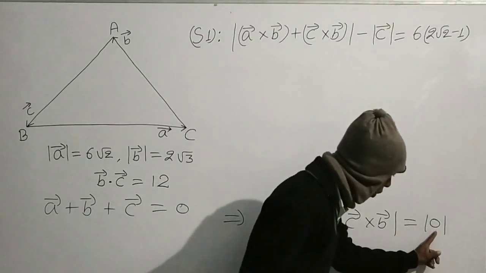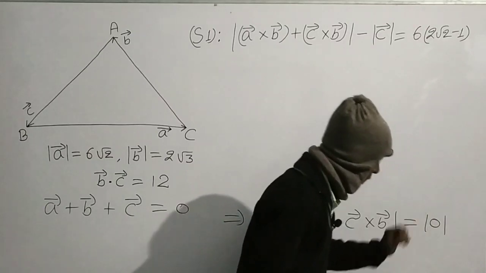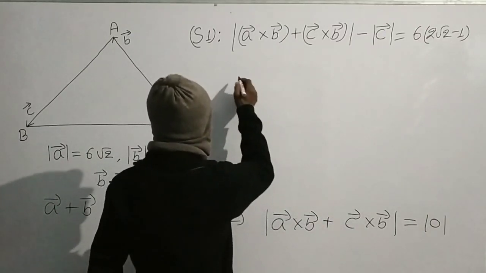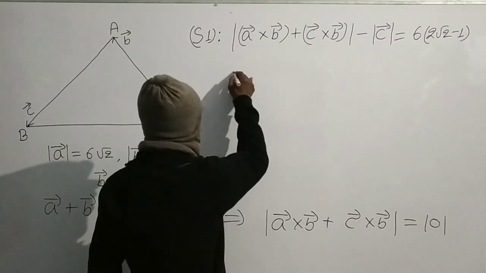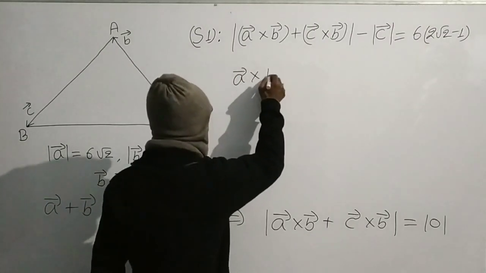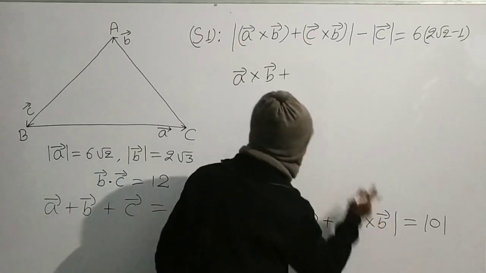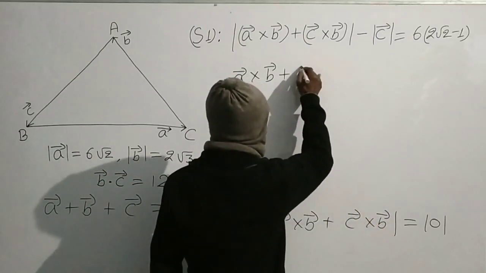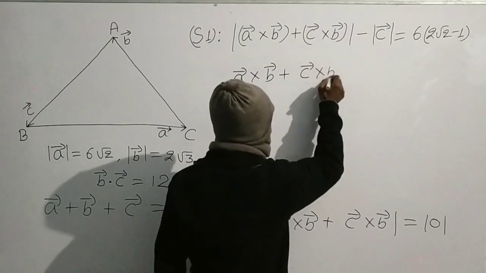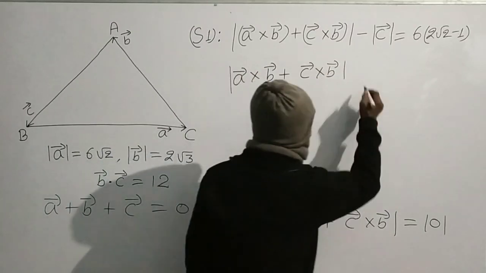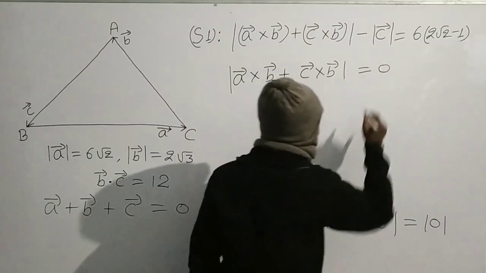Since mod of 0 is equal to 0, therefore we can write mod of A cross B plus C cross B is equal to 0.